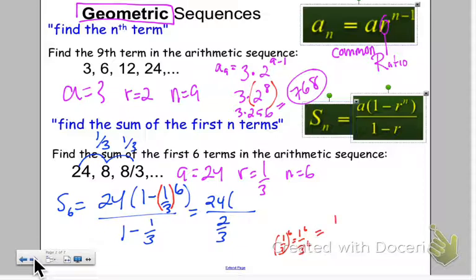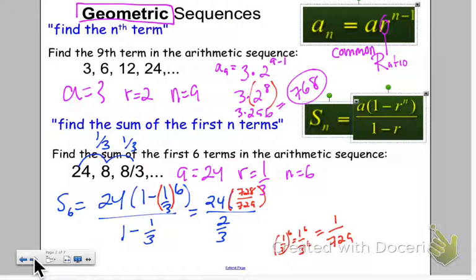So it's going to be 1 over 729. Alright, so 1/3 to the 6th is 1 over 729. And since it's 1 minus 1 over 729, that's going to give us 728 over 729. So that's what that parenthetical phrase simplifies to.